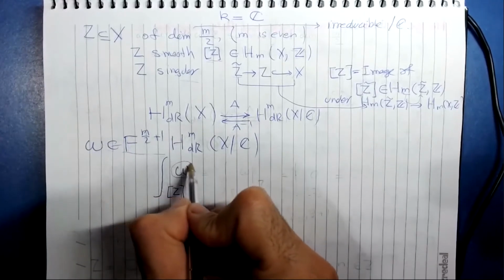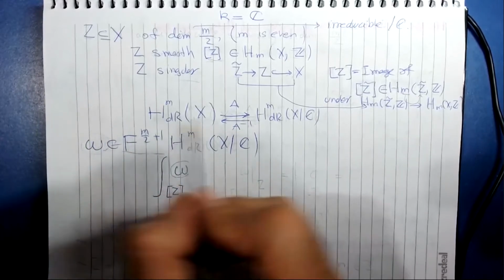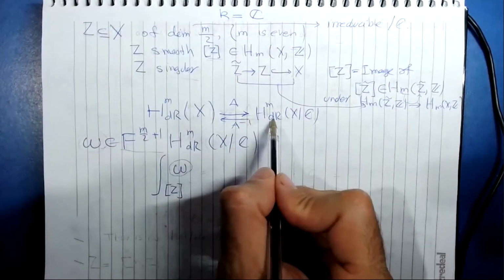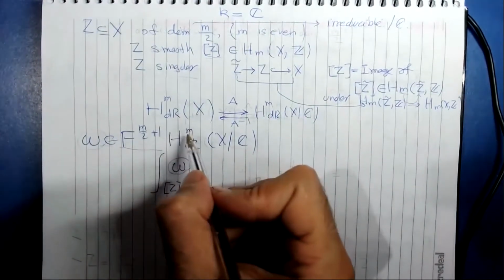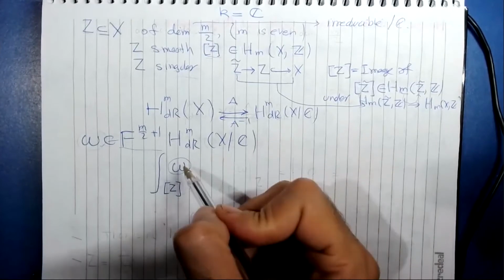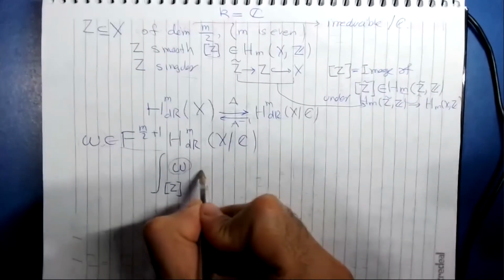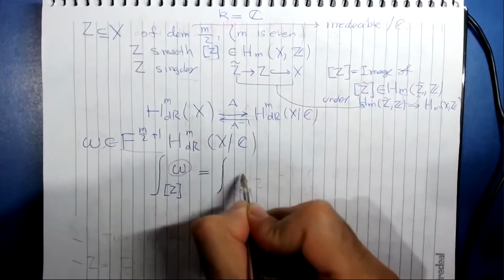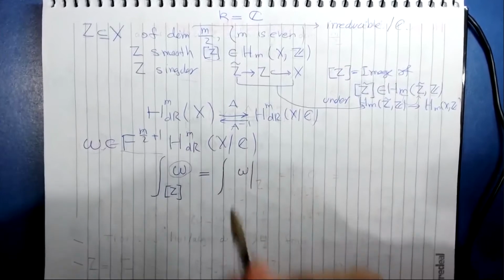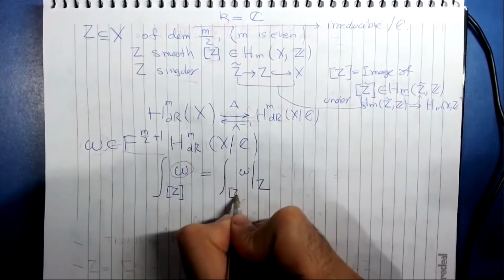Remember that this integration means that we take this omega by this A minus 1 map, we go to the C infinity cohomology, and then from algebraic topology, we know that this integration is well defined. It turns out that for any kind of integration, you first have to restrict your differential form to your topological cycle.